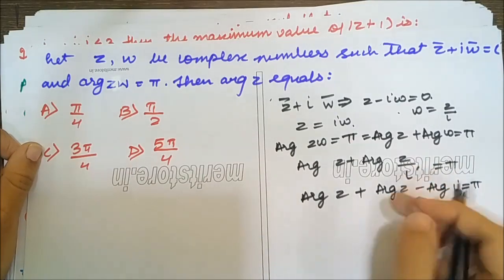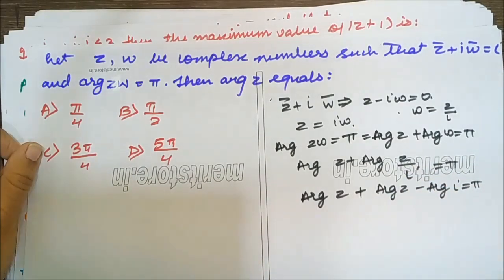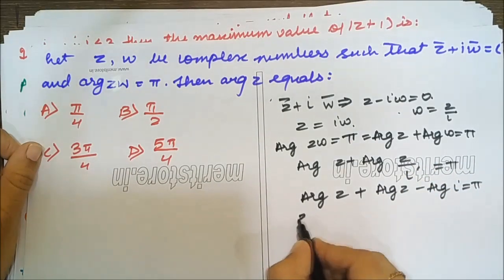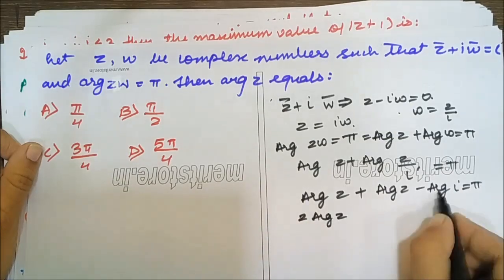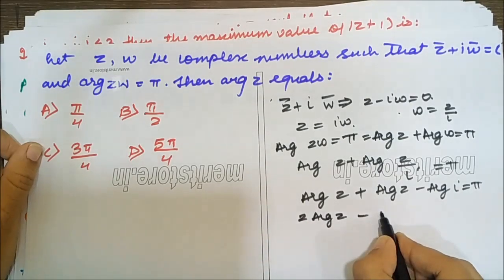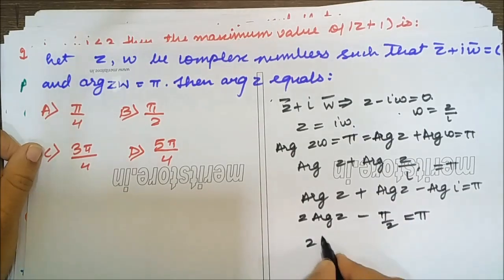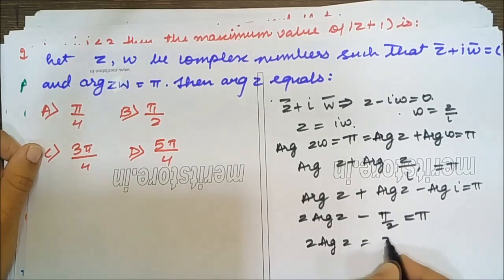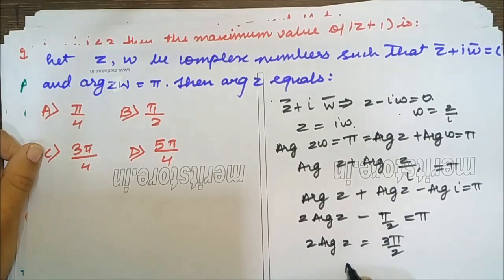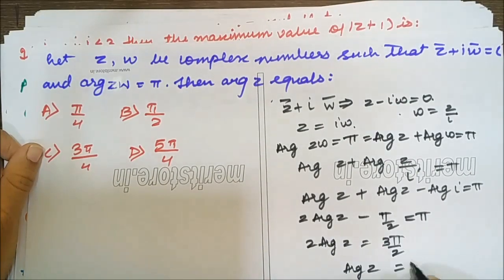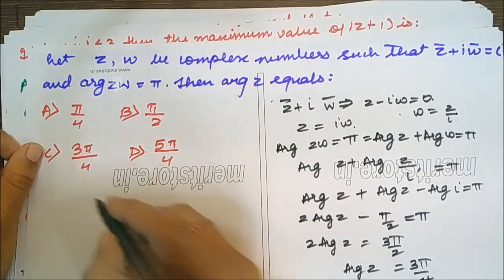I have split both of them. If it's in division, it gets split to subtraction. So 2 argument of z minus pi upon 2 is equal to pi. So 2 argument of z is equal to 3 pi by 2. So argument of z is equal to 3 pi by 4.